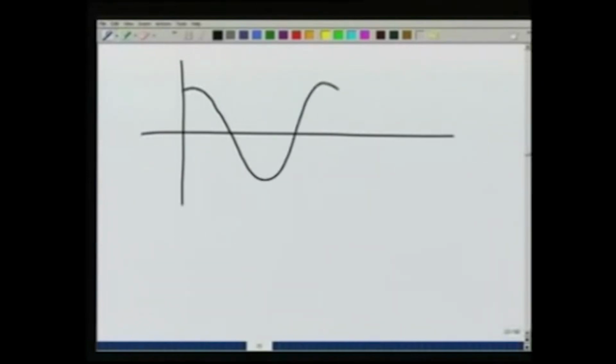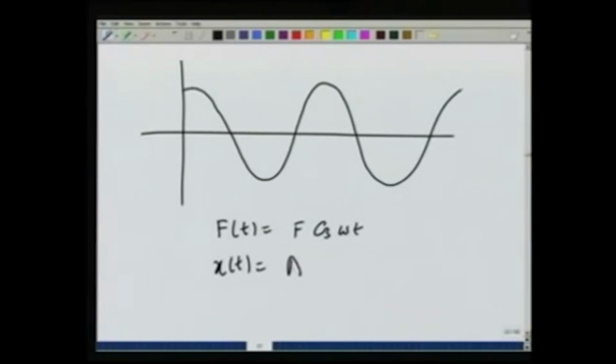If we translate this into the graph for displacement versus time, the applied force is of the form F cosine of omega t, whereas x(t) is of the form some amplitude cosine of omega t minus phi. That is going to be slightly behind. So, it catches up with this displacement slightly later.